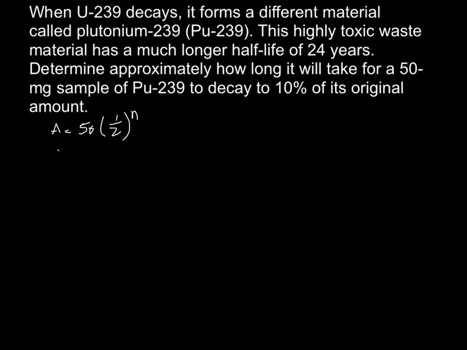Now that we have the equation, we can solve it for n. We want to have 10% of the original, which we found out to be 5 milligrams. So we say 5 is 50 times 1/2 exponent n, or dividing by 50, we get 0.1 is equal to half exponent n.